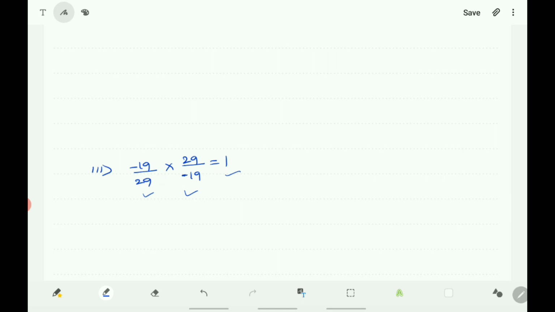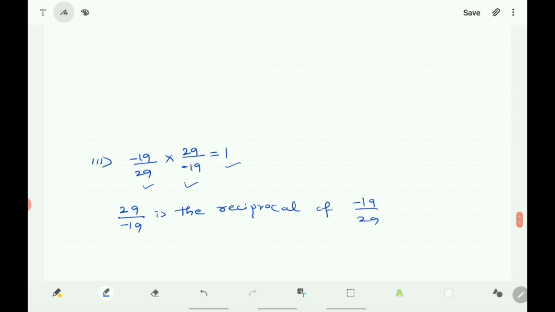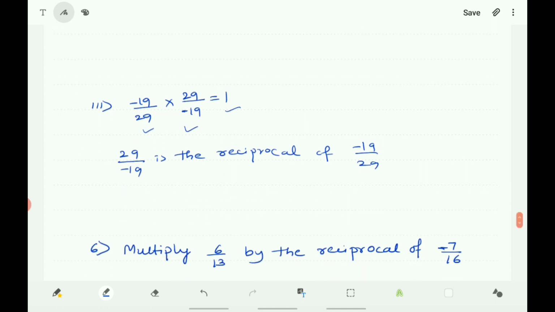So the property is multiplicative inverse or reciprocal. 29 by minus 19 is the reciprocal of minus 19 by 29, or in reverse you can also write that minus 19 by 29 is the reciprocal of 29 by minus 19.